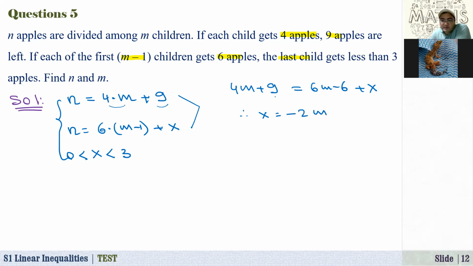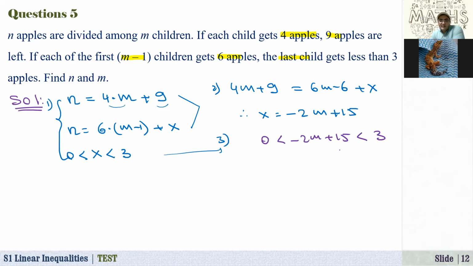Taking minus 6 to the left-hand side, 9 plus 6, that is 15. That is our second step. In the third step, I substitute: 0 less than minus 2M plus 15, less than 3.